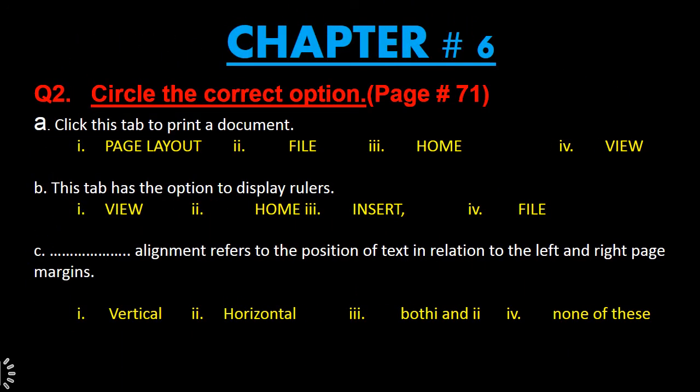Okay students, so let's overview question number 2. Circle the correct option from page number 71. I hope all of you have also completed question number 2 in your book page number 71. If you have still not completed it, please tally your answers from the slide and complete your task.